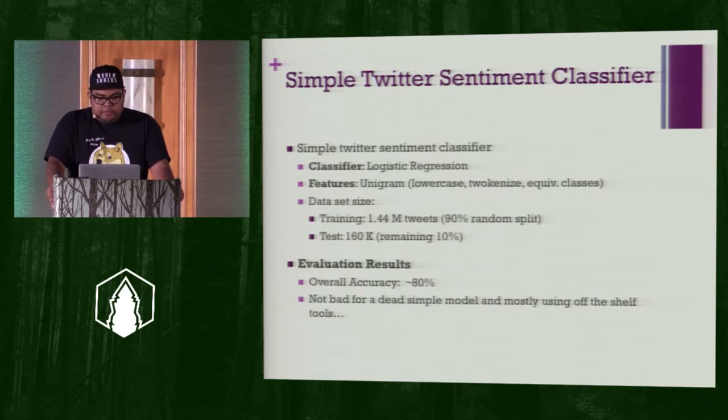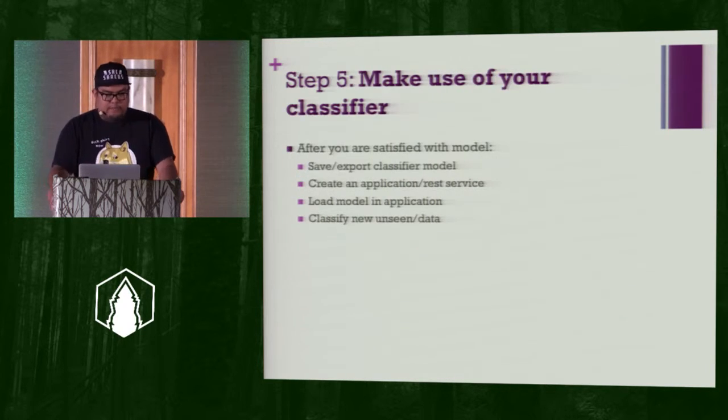Throwing this simple model out, we got an overall classification accuracy of about 80%, which honestly is pretty good for something this simple and data that was more or less automatically retrieved. Depending on your task, you might want to get higher accuracy or have more variation. So I'll leave the evaluation phase to you, honestly.